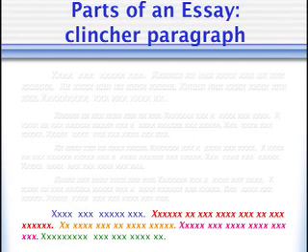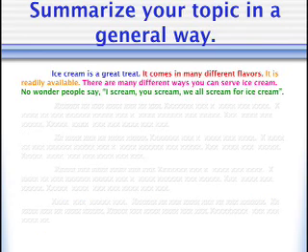In much the same way that each paragraph ends with a summary sentence, each essay ends with a summary paragraph. In writing this paragraph, it is helpful to refer back to the introductory paragraph. Just as the introductory paragraph explains the topic of the essay and the points you will cover, the clincher paragraph will review the topic and points that you have covered.